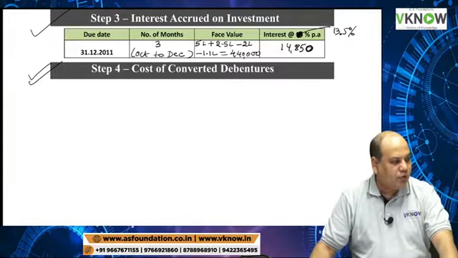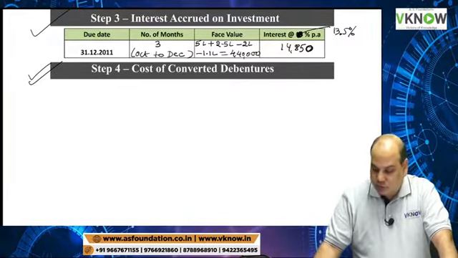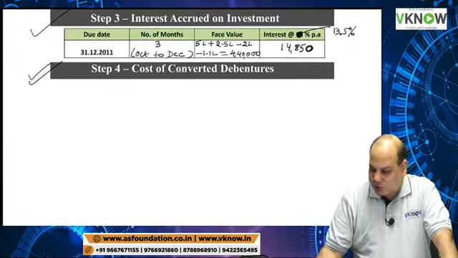Step number 4, average cost of converted debenture.